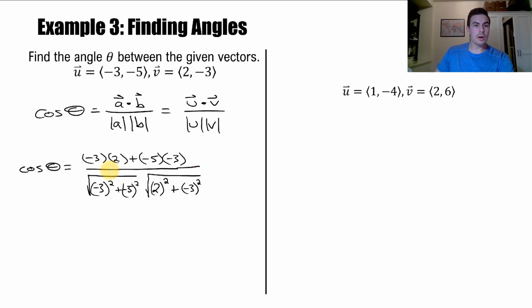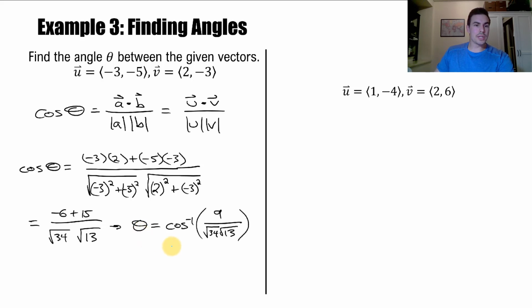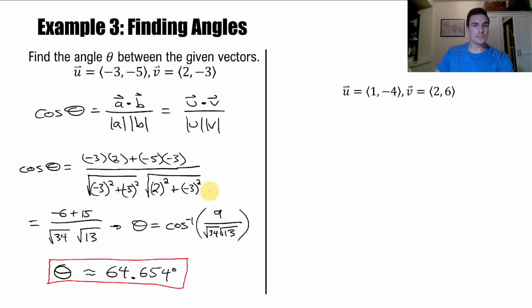And then we're just using our magnitude relationship with our dot products, taking the square root of u dot u and v dot v for the denominator here. That's going to give us -6 plus 15 over root 34 times root 13. Just take the inverse cosine of both sides to find that theta is approximately 64 degrees.